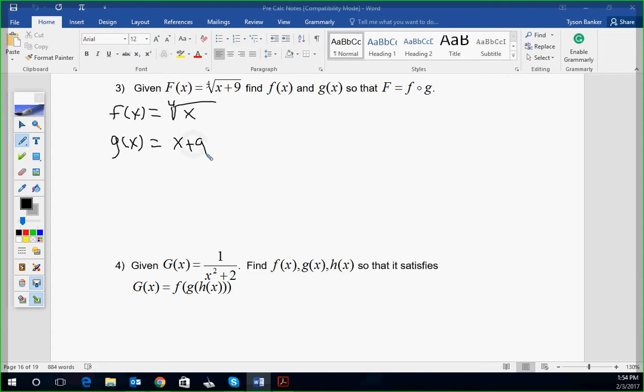In that case, f of g would give me that, because I take the x plus 9 and put it right there, and now I have that big F function. It's asking you to create your own functions, your f and your g, that would give you fourth root of x plus 9 when you do the composition. I know it's a little outside-the-box thinking. That's pretty much the only one you could do for that one.